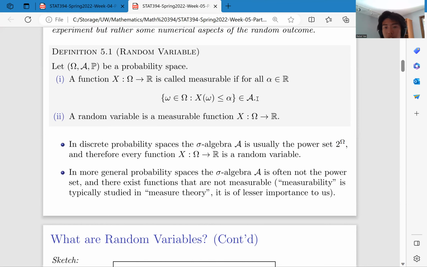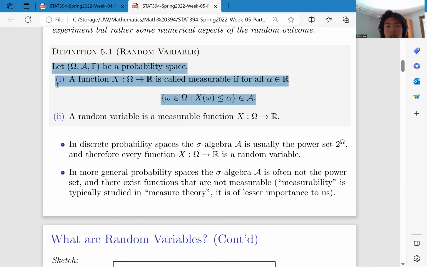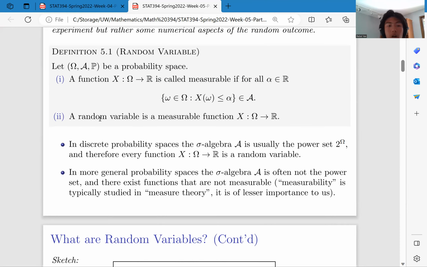Remember the definition from the first several lectures. Such a random variable is a measurable function X from the sample space to R. So any random variable is measurable. And once we know the definition of a measurable function, we can know the definition of a random variable.